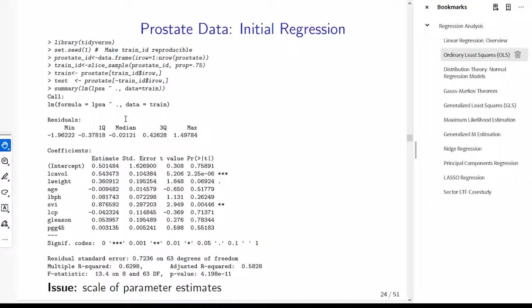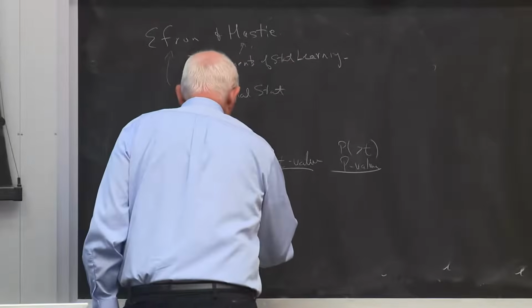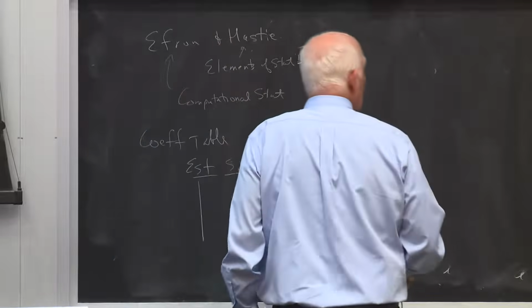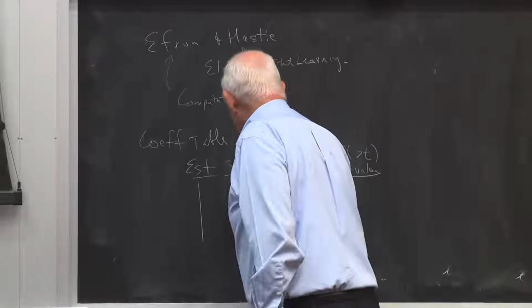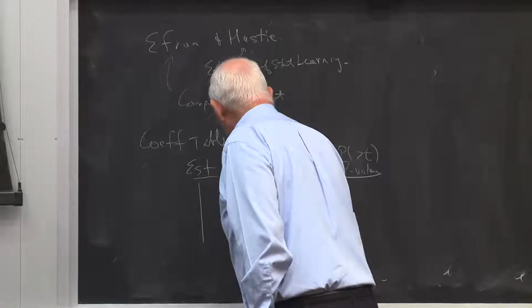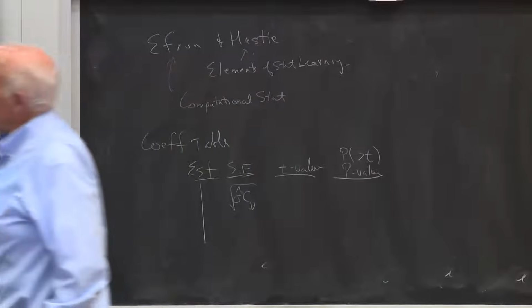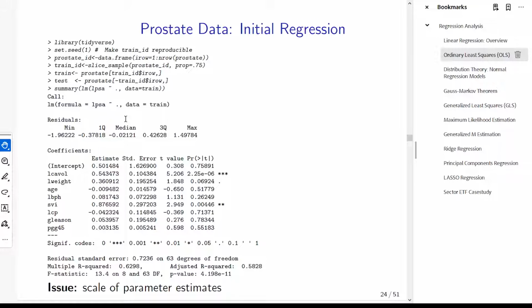We can get standard errors of those. The standard errors correspond to sigma hat times the square root of Cjj. Actually, I think it's the square root of sigma squared Cjj. And then the t-value is just the signal estimate to noise ratio, which scales in magnitude how important those factors are.